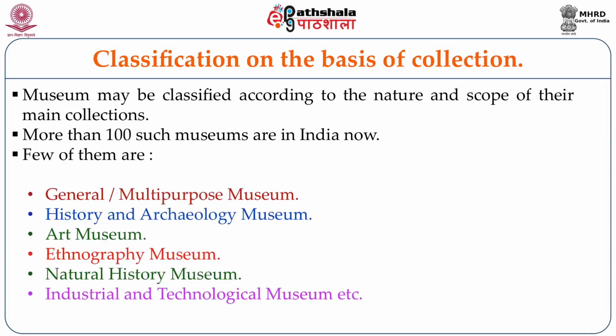A few of them are general multipurpose museums, history and archaeology museums, art museums, ethnology museums, natural history museums, industrial and technological museums, etc. General and multipurpose museums deal with all objects like art objects, archaeological objects, natural history objects, zoological specimens, botanical specimens, etc. History and archaeological museums deal with all historical artifacts.